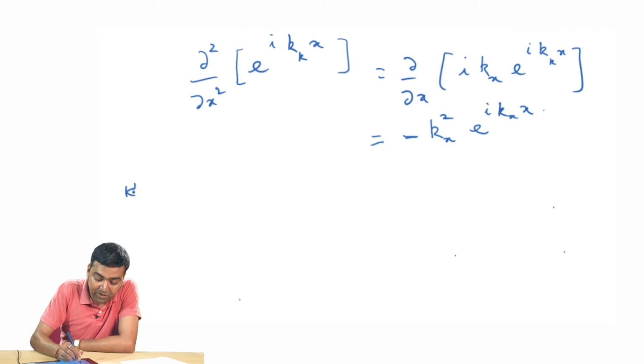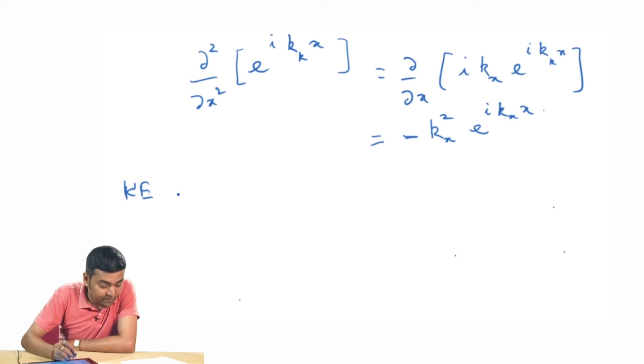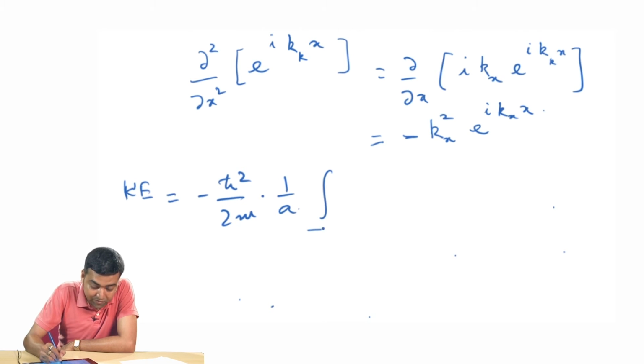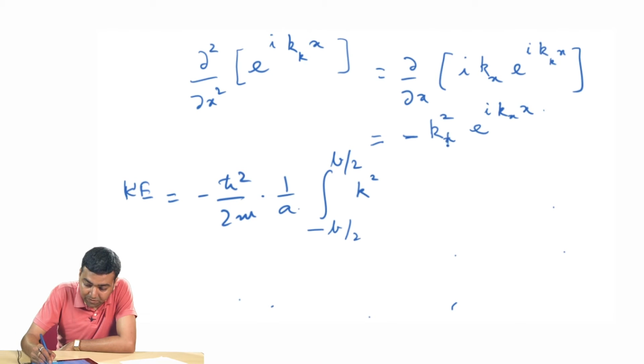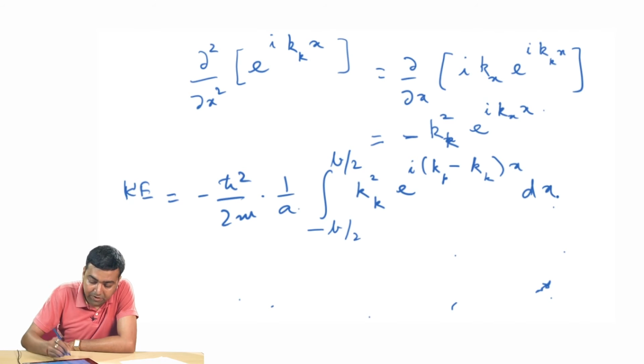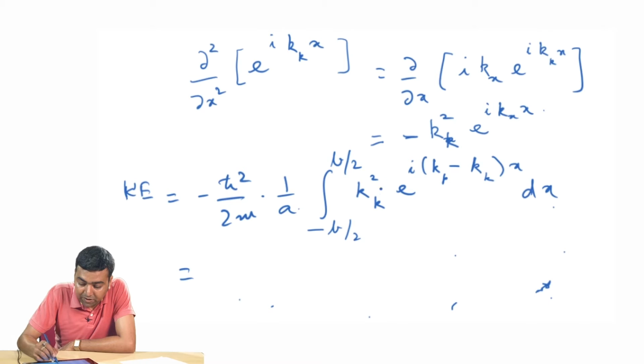Now if I plug this into my kinetic energy matrix element, what I will get is minus h cut square by twice m into 1 by a, integral from minus b by 2 to plus b by 2, k square, sorry, this will be k square k e to the power i (k p minus k k) x dx. This again I can bring out of the integral.